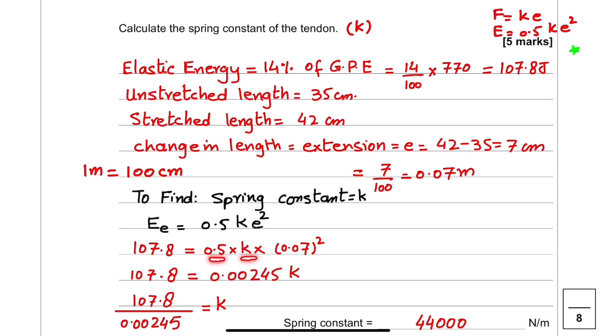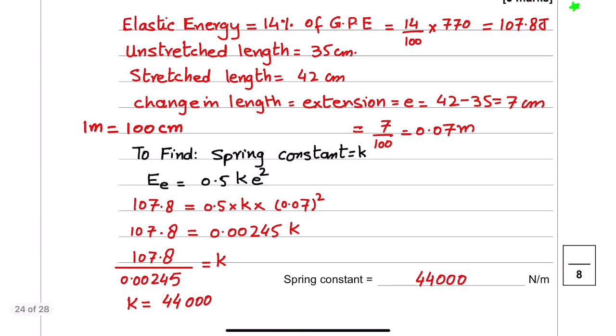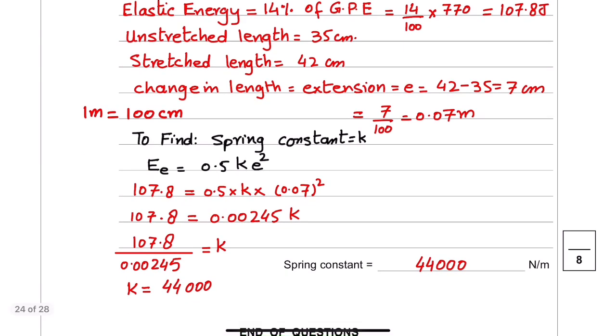The value of K needs to be found, and the value of e is already calculated, that is 0.07. We will find here 107.8 is equal to 0.00245 K, and our final answer is 44,000 Newton per meter.